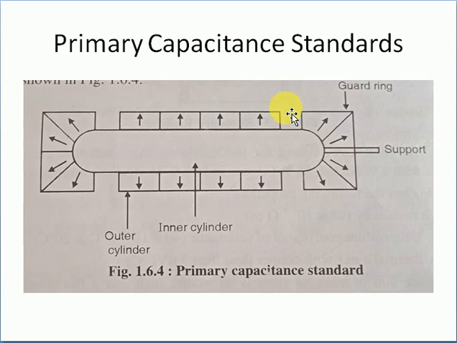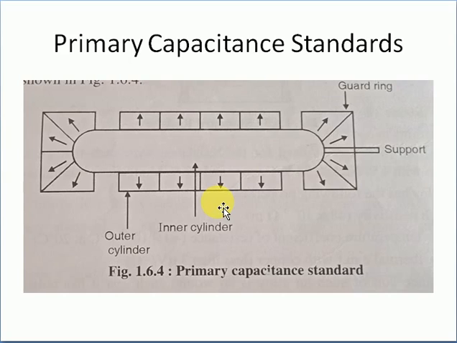Such a primary standard capacitor can be constructed using two concentric spheres or cylinders, or by using two parallel plates with guard ring, as you see. A typical primary capacitor using two concentric cylinders is shown here.